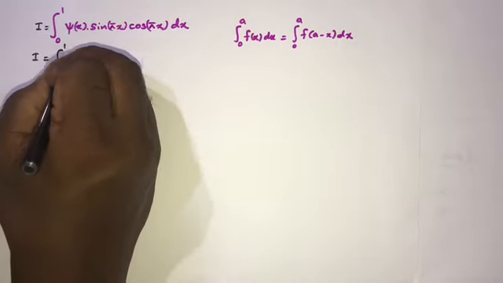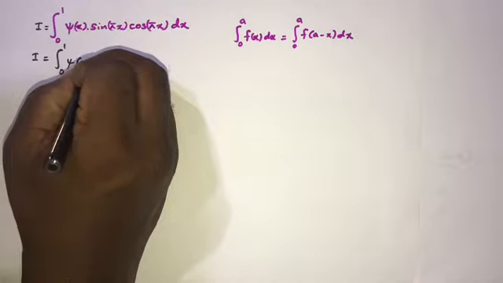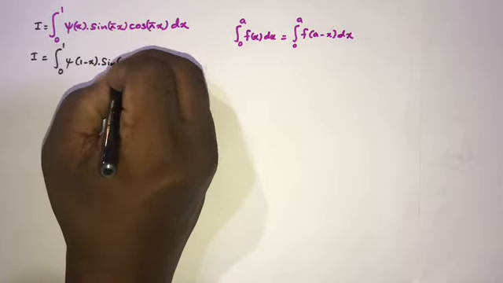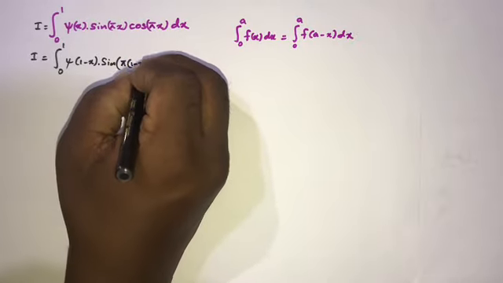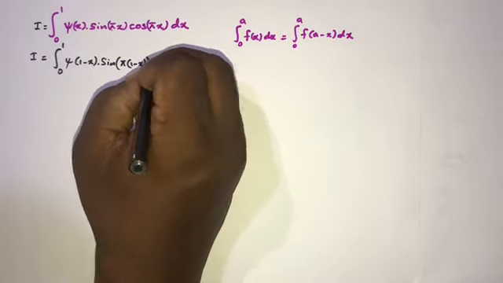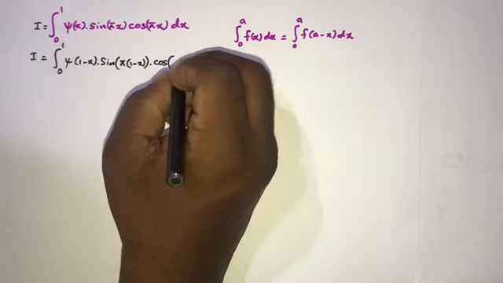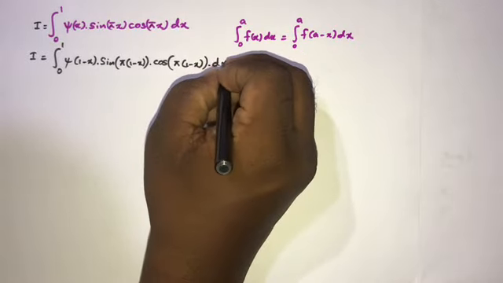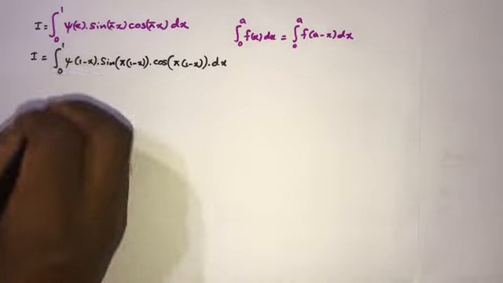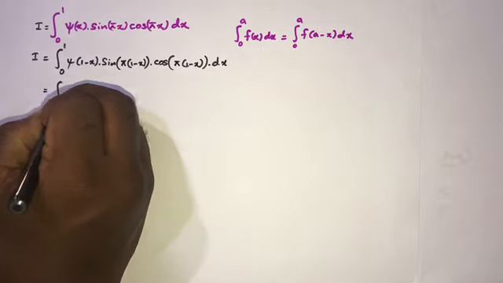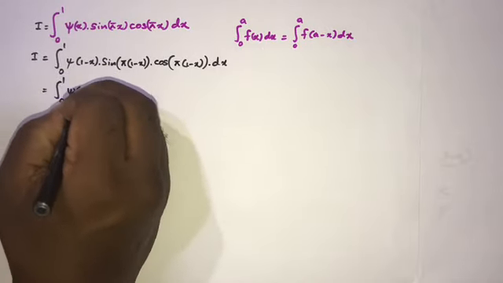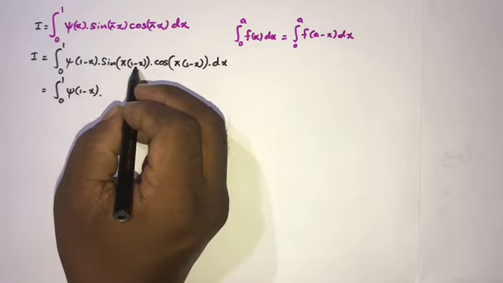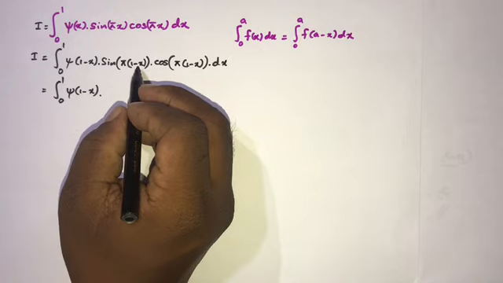So we can write digamma of 1 minus x, sine of pi times 1 minus x, times cosine of pi times 1 minus x dx. Okay, then here integral from 0 to 1 digamma of 1 minus x, then sine of pi minus pi x.